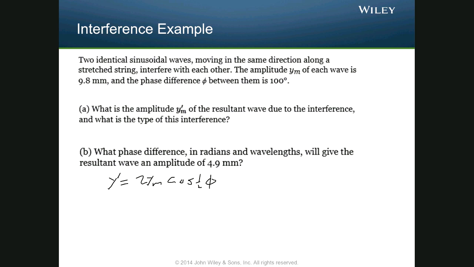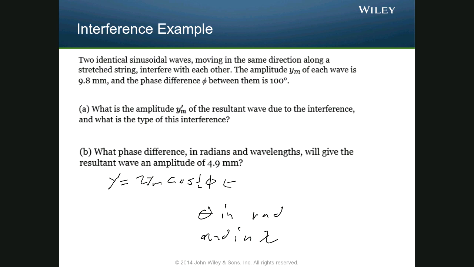Now they want you to solve for phi, in radians and in fractional wavelengths. In terms of wavelengths. Okay? So that shouldn't be too bad to do.